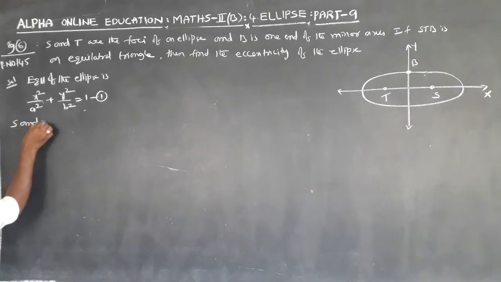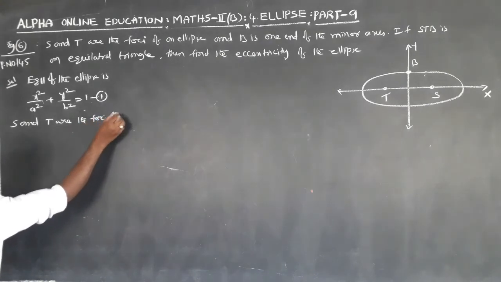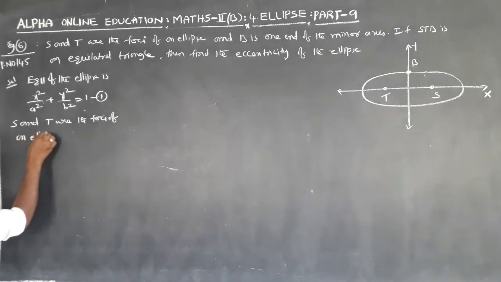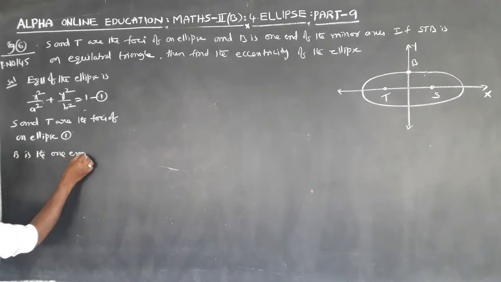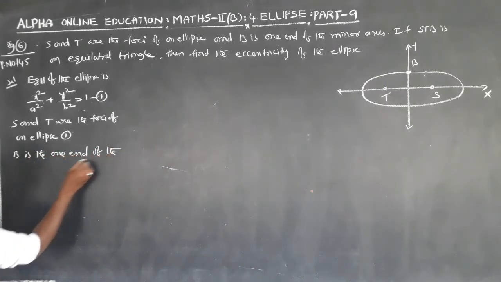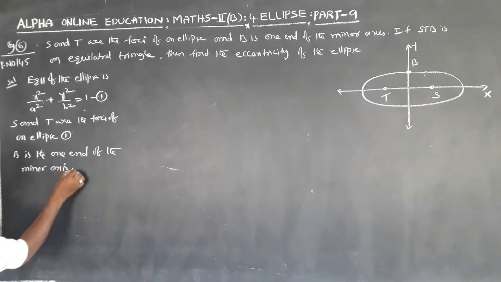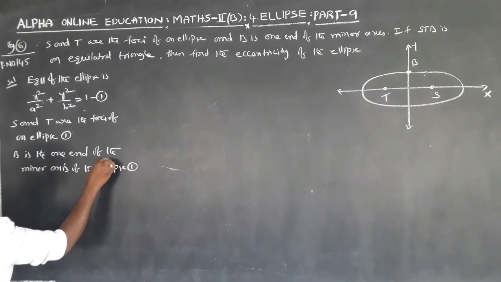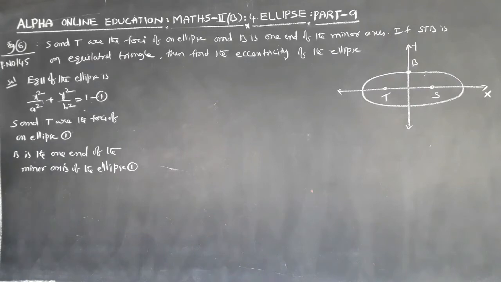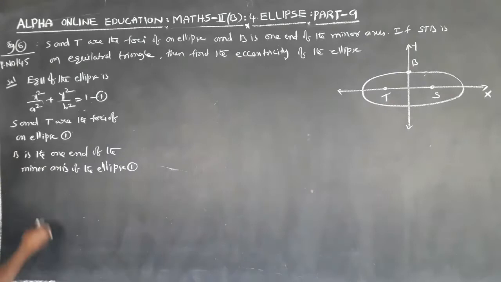S and T are the foci of the ellipse, and B is one end of the minor axis of the ellipse.